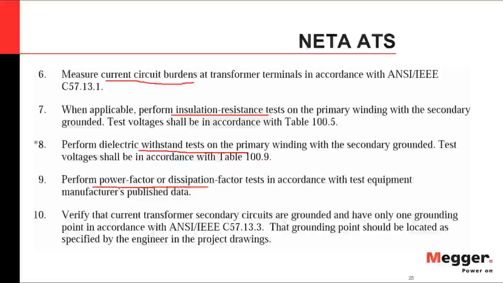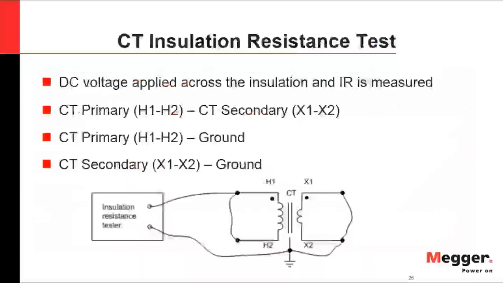Let's start the analysis with the CT insulation resistance test. It's typical practice to perform the insulation resistance test, like it was explained before, at voltages below 1,000 volts. And when we are looking at this here, we need to make sure that we create electrodes by shorting the terminals, in this case H1 to H2, and the other electrode typically will be X1, X2, and ground.